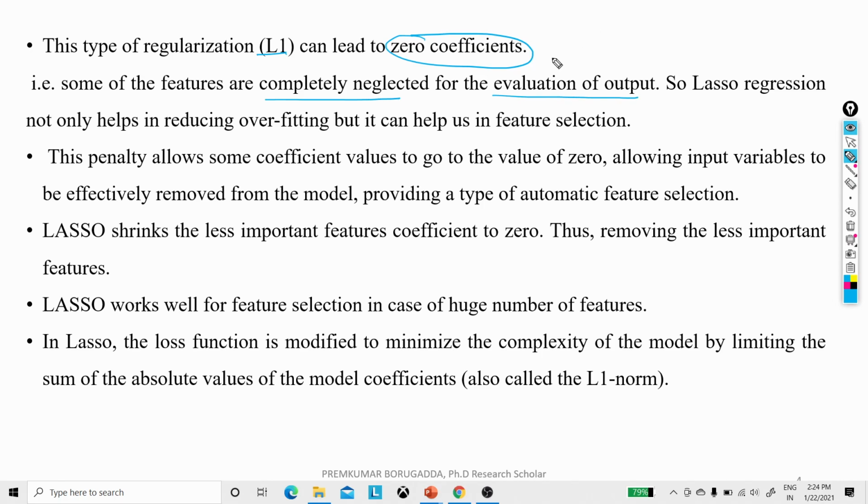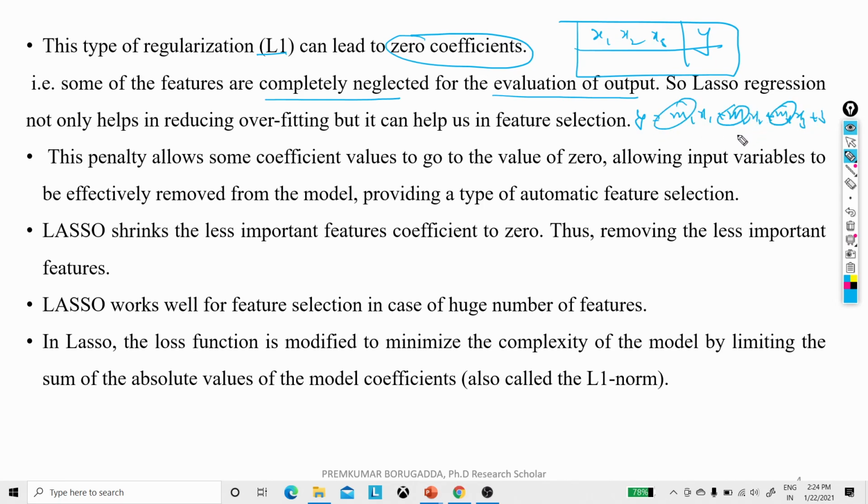For example, there are x1, x2, x3, and the target variable y. So our equation is y = m1 x1 + m2 x2 + m3 x3 + b. These are our coefficients.